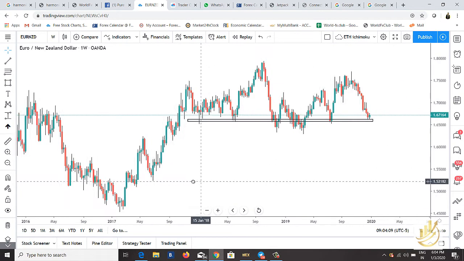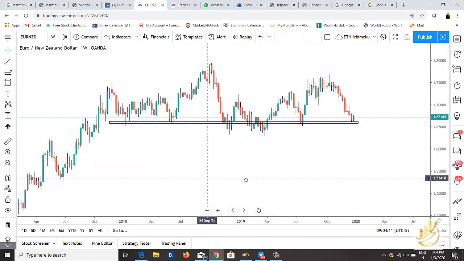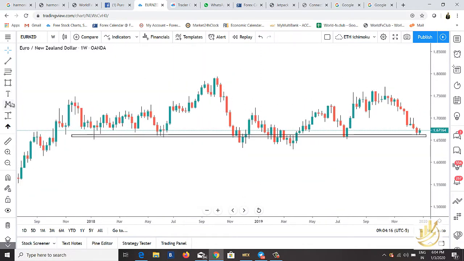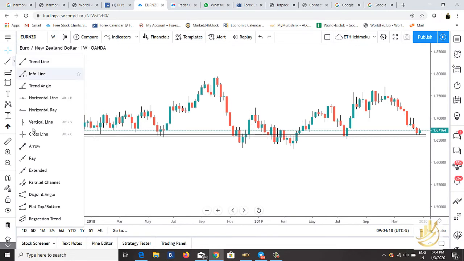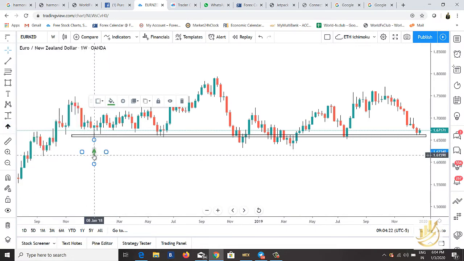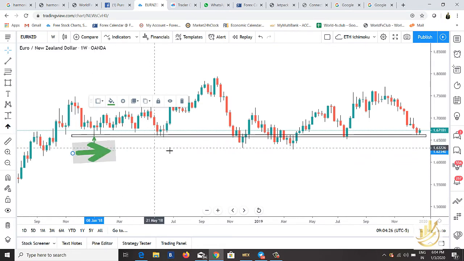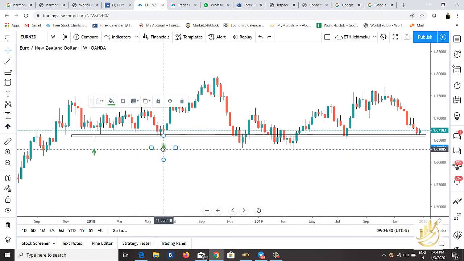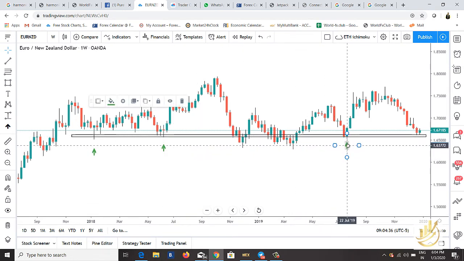To make things clearer and simpler, I will zoom in and mark an arrow here. This is one area, this is one area, then this is another area.